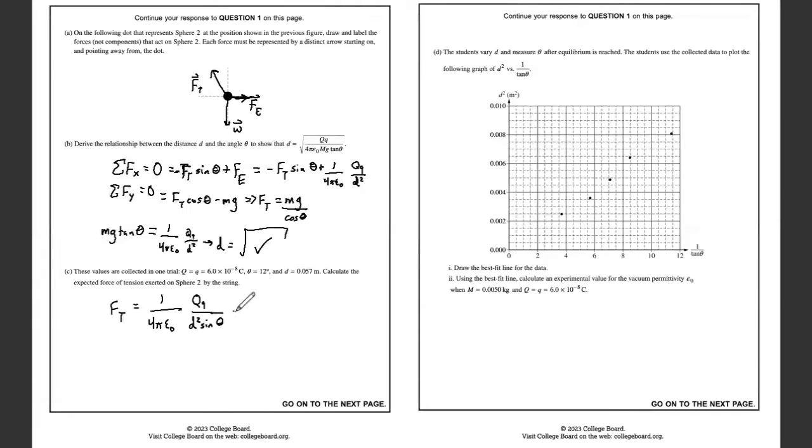Now we're given all of those quantities. We can go ahead and plug them in. Note that both charges are the same, so we would just square 6 times 10 to the negative 8th on the top. Make sure your calculator's in degrees to get sine of 12 degrees correct, and then 0.057 meters squared. Epsilon naught is 8.85 times 10 to the negative 12th. But what that ends up working out to be is 0.05 newtons.